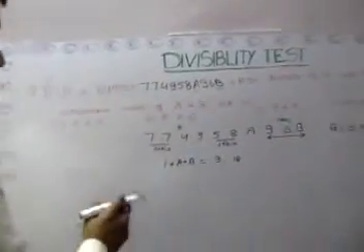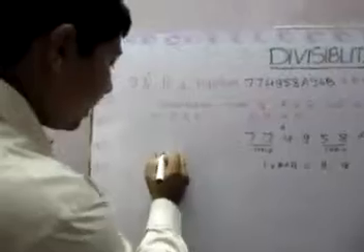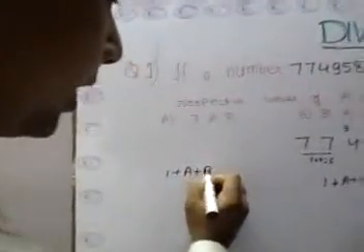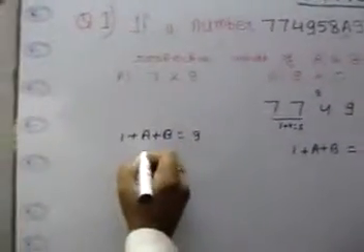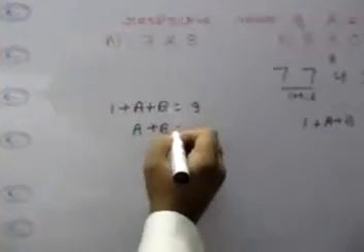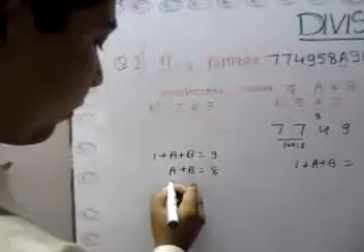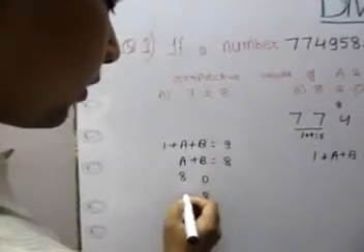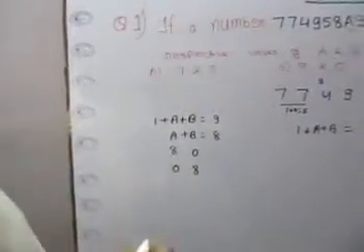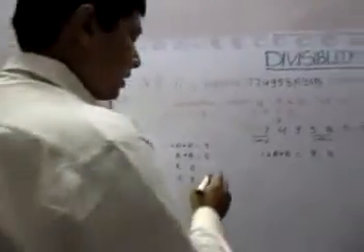Let us take the first case, when the summation is 9. If 1 plus A plus B is equal to 9, then A plus B is equal to 8. Now we have two cases: if B equal to 0, A equal to 8; if B equal to 8, A equal to 0. So we have two values of A from this case.